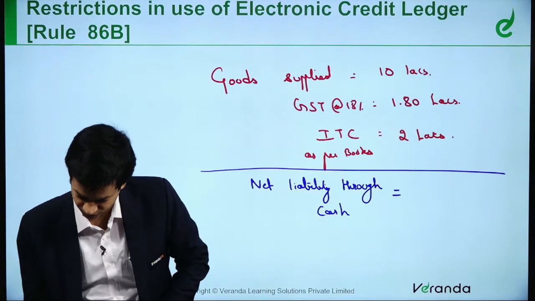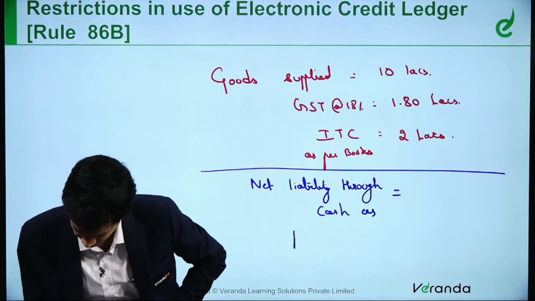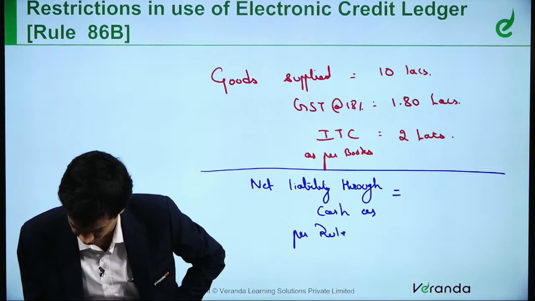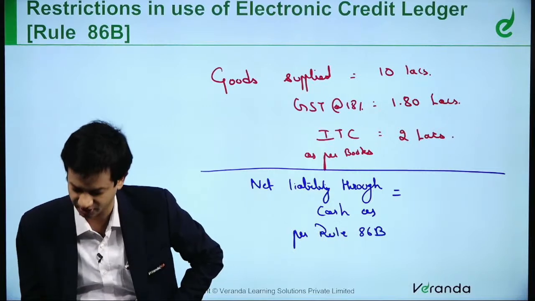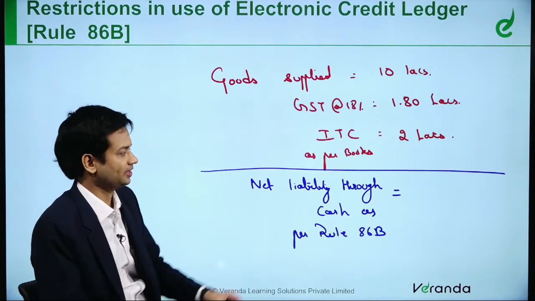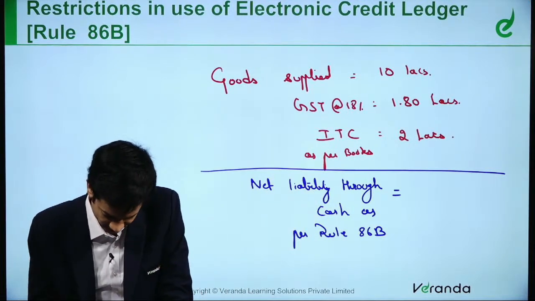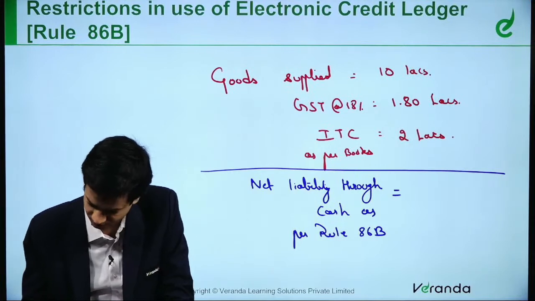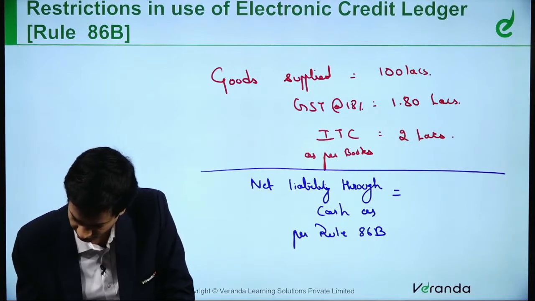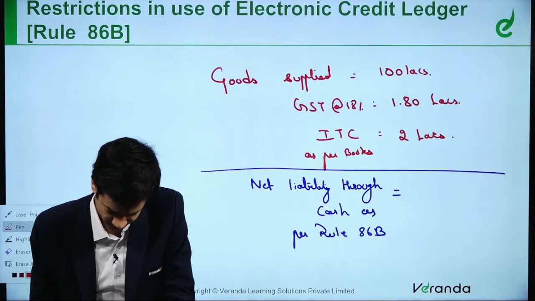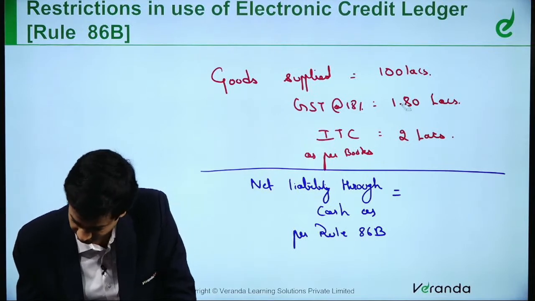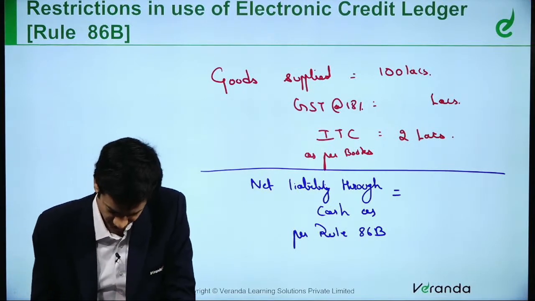But now, as per Rule 86B, if you see here, it says if this rule is applicable, let me take 100 lakhs, because up to 50 lakhs there's a catch here which I will explain when I come to the provision.